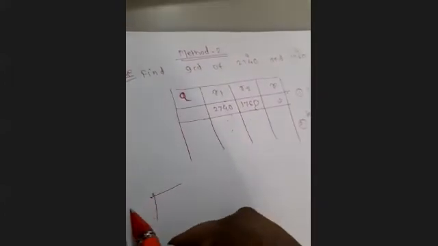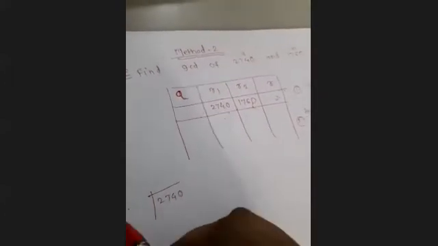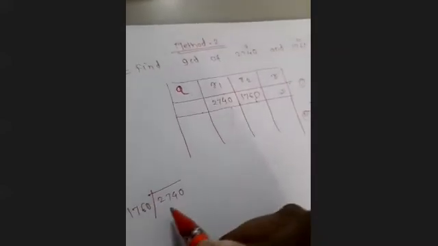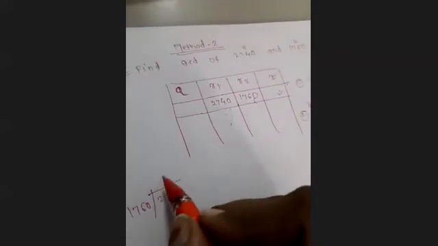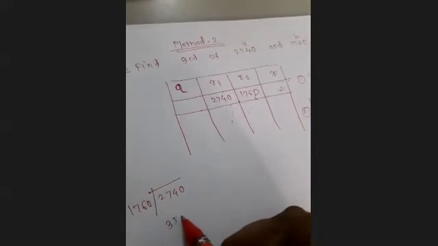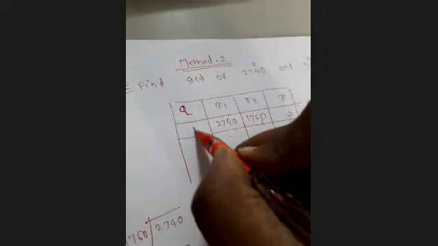Now क्या करना है हमें इधर? 2740, 1760. अभी इसको 2 से करेंगे तो क्या होगा? 3520. So it is better कि first quotient 1 से ही divide करते हैं.